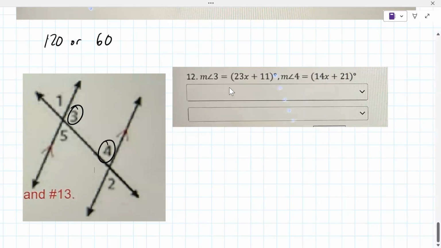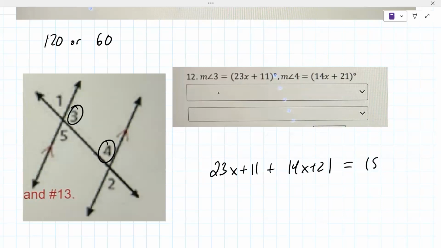So I'm not sure what's in the drop downs here because I don't know what it says, but one of them is probably going to be the answer, which is to solve for X. Can you look for us? Same side interior is probably the reason.